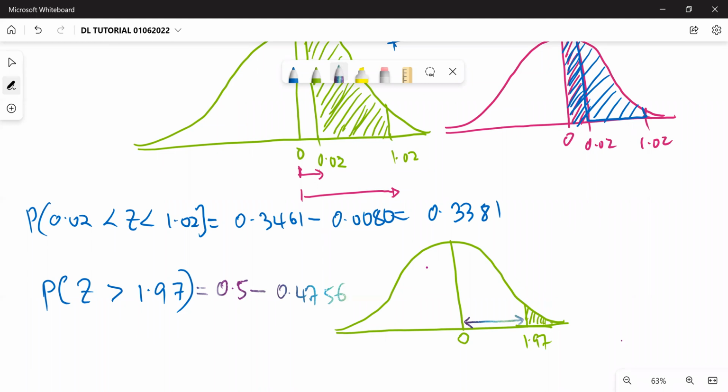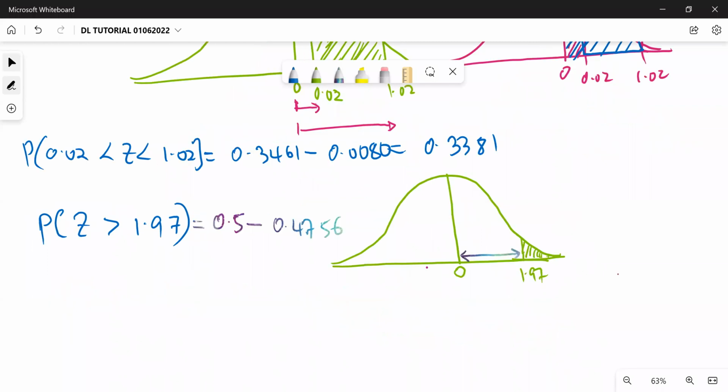And so on and so forth. You can have another one. The probability that Z lies between minus 1.2 and 1.34.